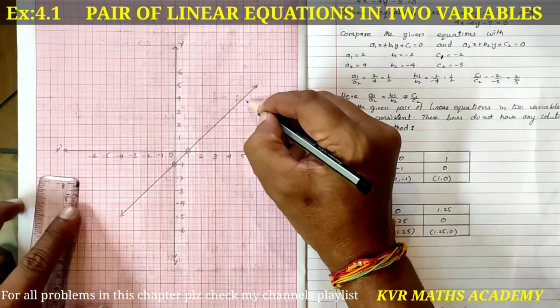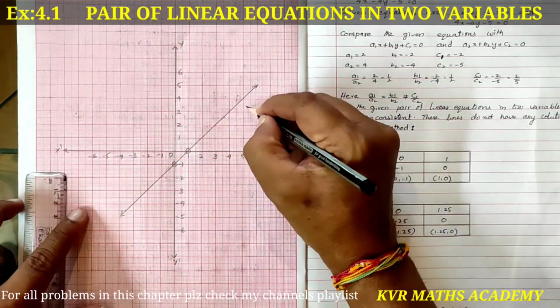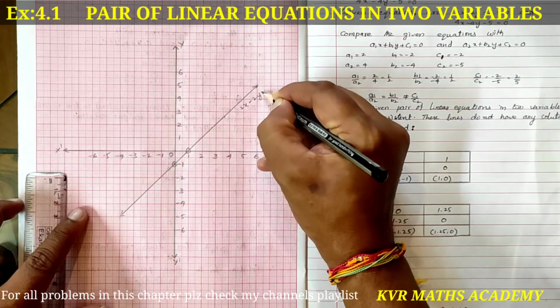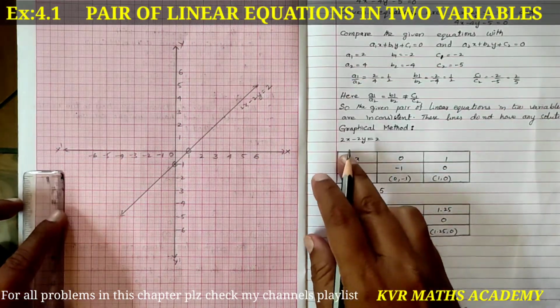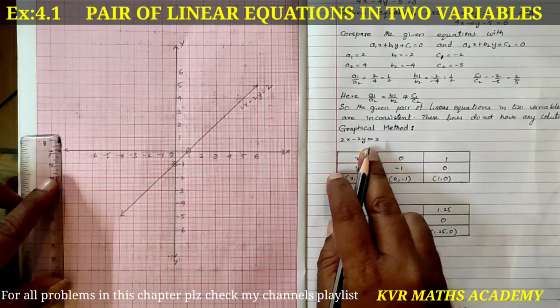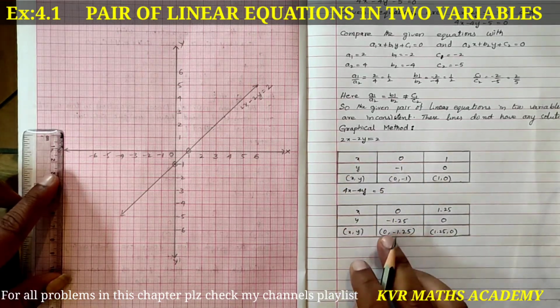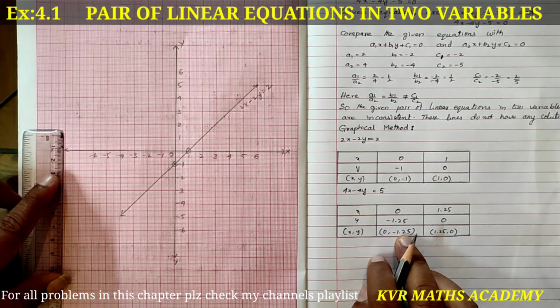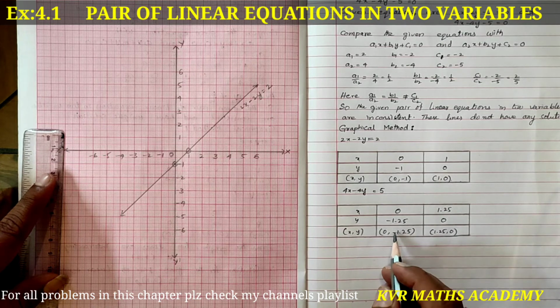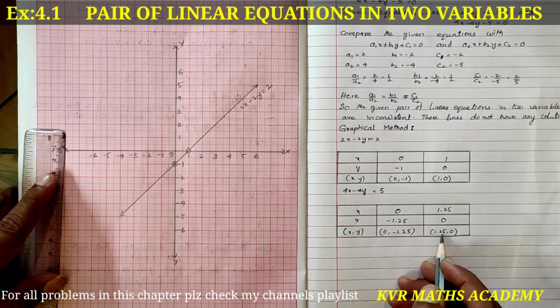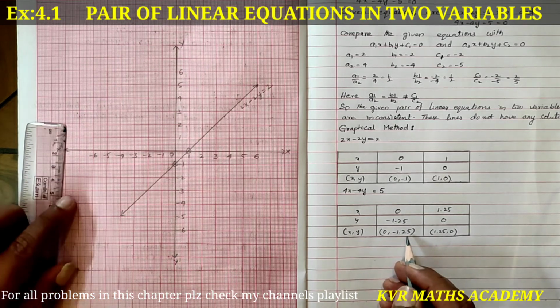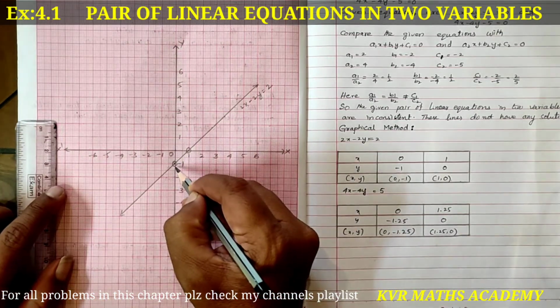So this is the line of the equation 2x minus 2y is equal to 2. Next, for the second equation, 0 comma minus 1.25. This point lies on y-axis, and the other point lies on x-axis. 0 comma minus 1.25.